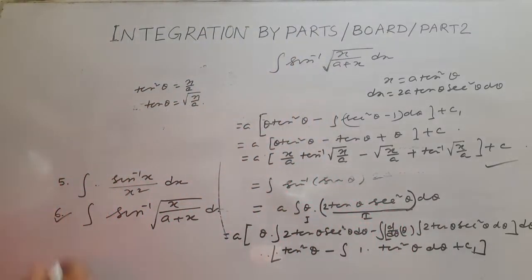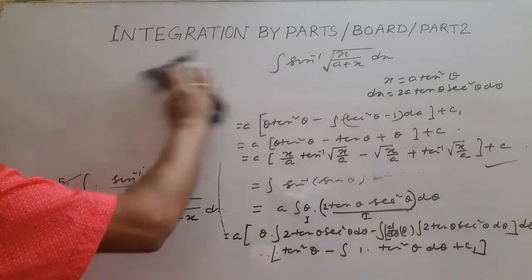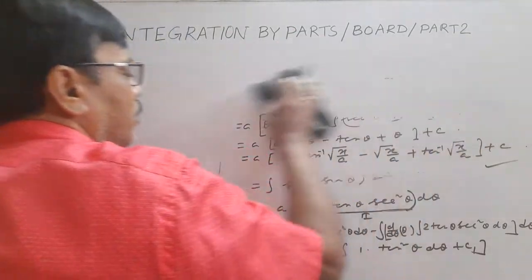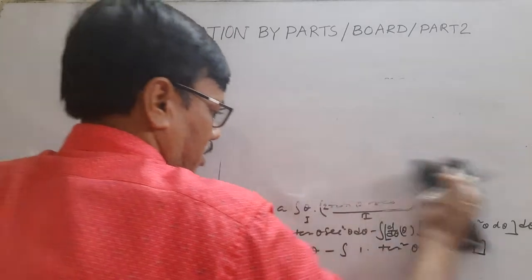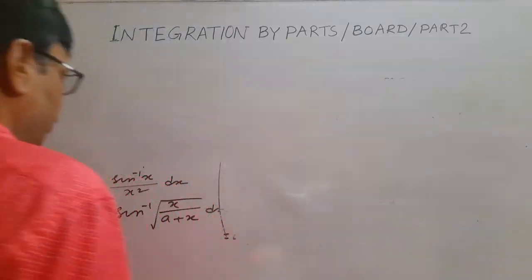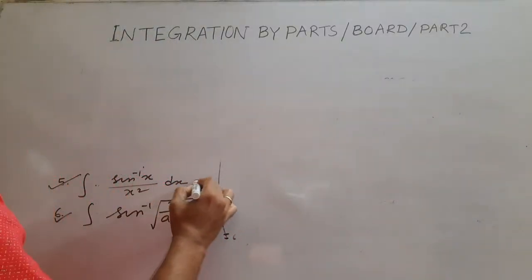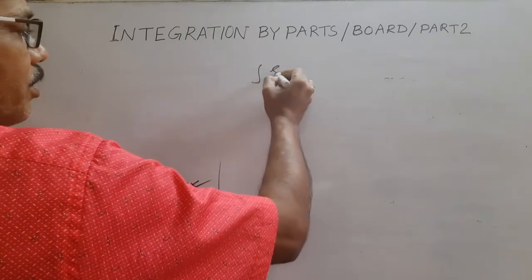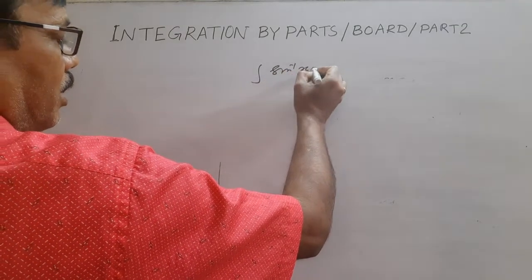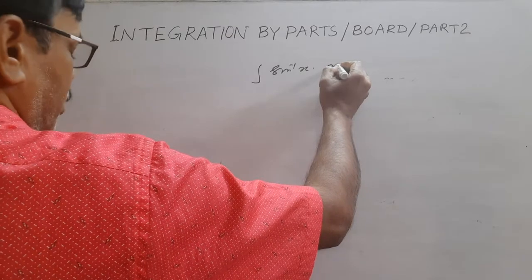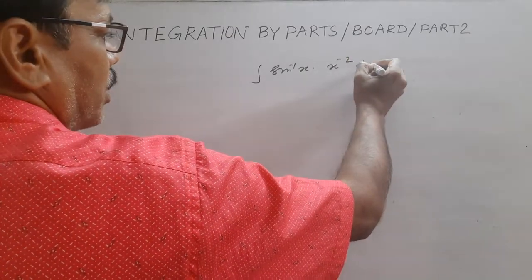Now fifth one, sin inverse x by x square dx. You complete it. So leave it as sin inverse x into x to the power minus 2 dx.